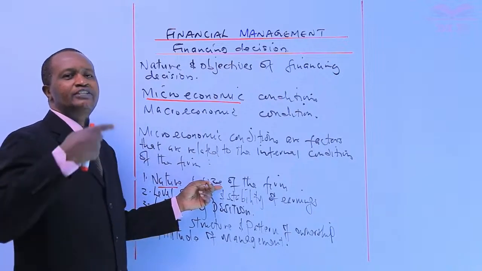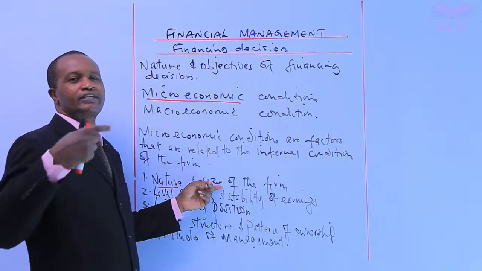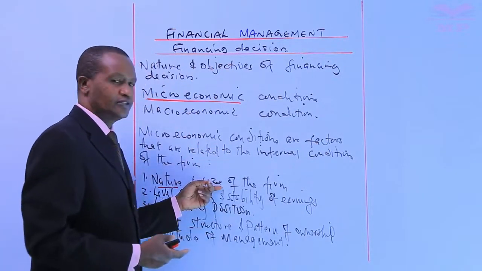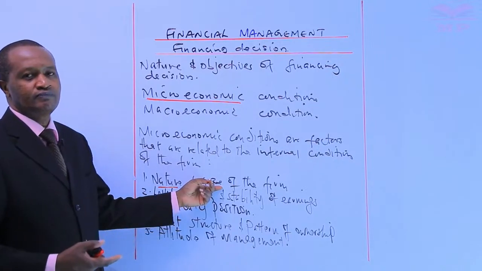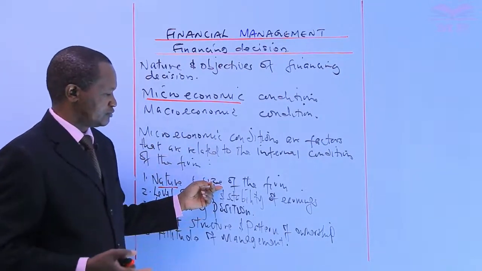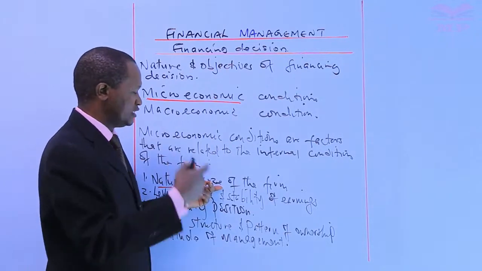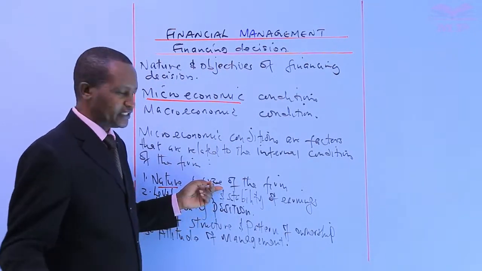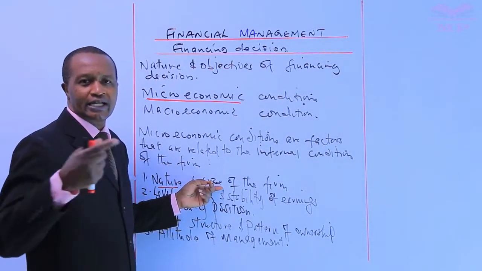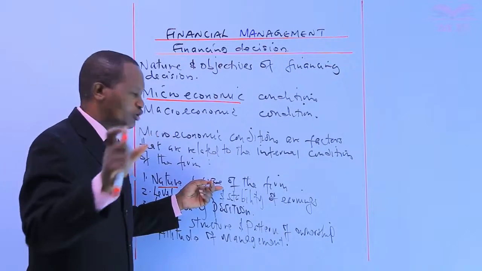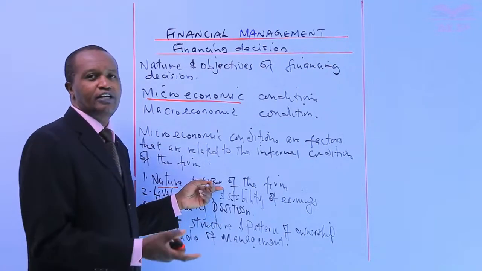Companies that are large in size, companies that have, say, 1,000 employees, will need large capital. Even just working capital, paying salaries, paying rent, paying for office space. That will require large capital as compared to a small firm of, say, 5 employees.